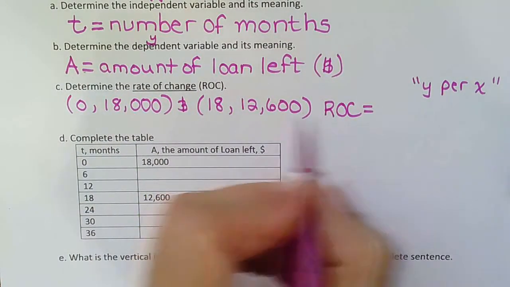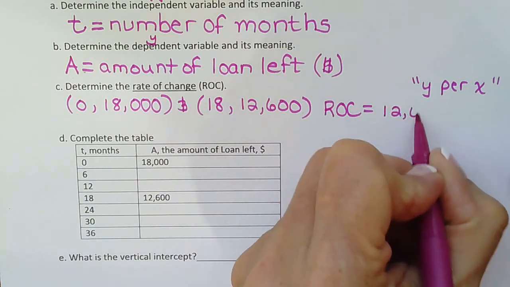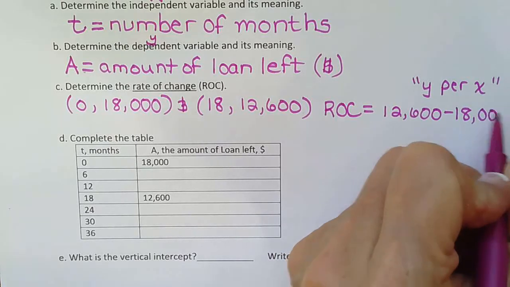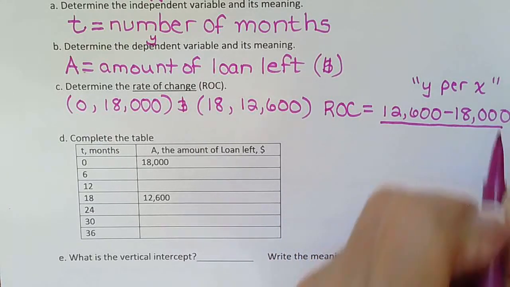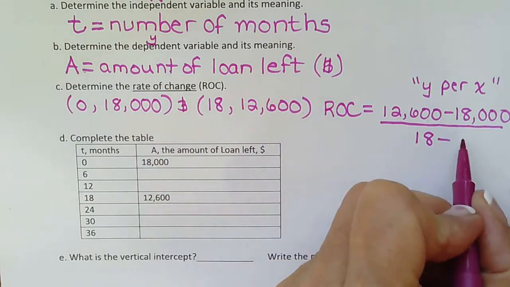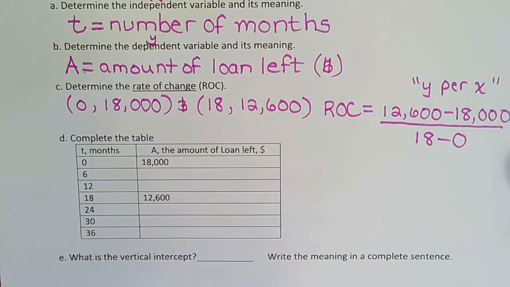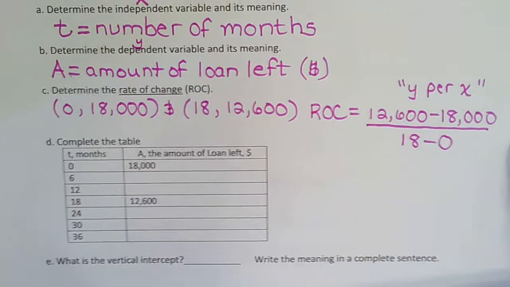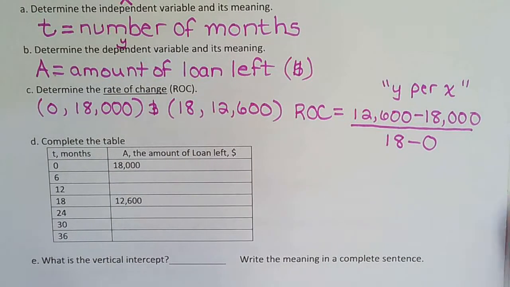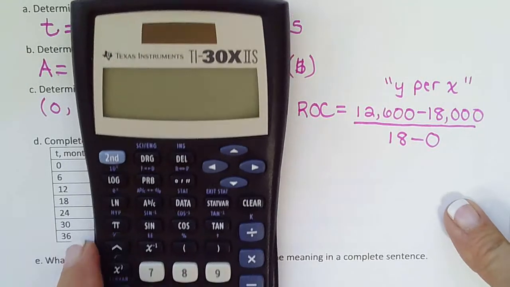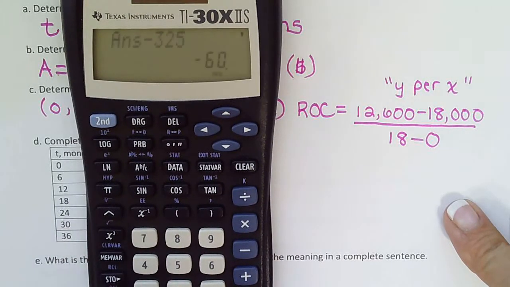So second y, 12,600, minus the first y, 18,000, over second x, 18, minus the first x, 0. Now we'll get out our calculators, and you can see this is indeed going to be negative, as we predicted because of the wording they use, paid, depreciation. That means something's going down, like when a car depreciates, its value is going down.